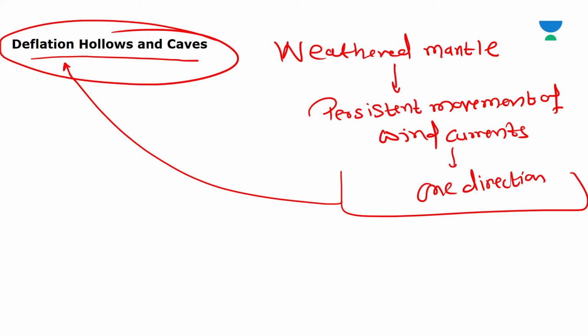Now, deflation also creates numerous small pits or cavities over rock surfaces. The rock faces suffer impact and abrasion of wind-borne sand, and first shallow depressions called blowouts are created, and some of the blowouts become deeper and wider, fit to be called caves.